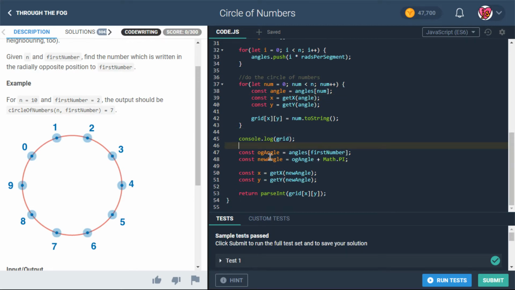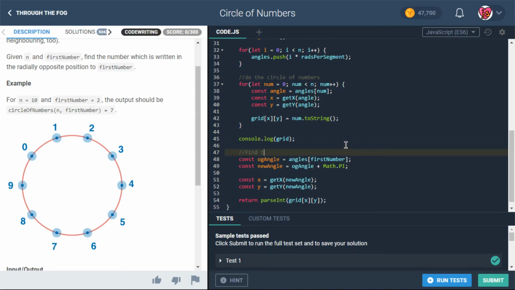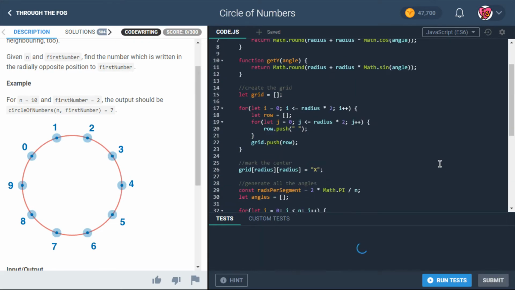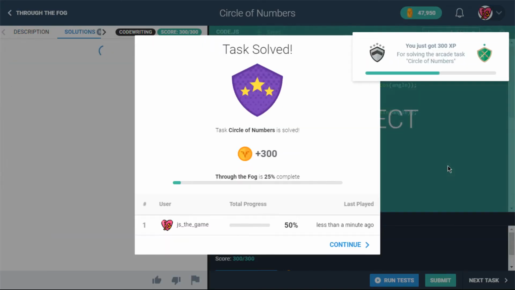It would work without that, but it's nice to see. And then this is find the new angle, and then from there, what number is at that location, right? That's what we're returning. Find the new angle and get the number. Okay, so let's submit that. Let's see if it passes all the hidden tests and it gets us through.